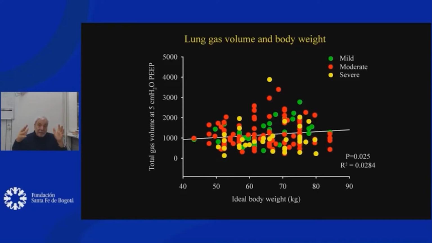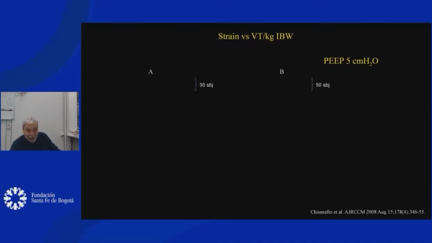But the strain is 420 divided 500 if the FRC is very low, or 420 divided 1,000, or 1,500, or 2,000 in a healthy patient. You know that the strain is completely different, so tidal volume per kilo is a bad substitute for strain. We should normalize per the gas volume, the initial gas volume.